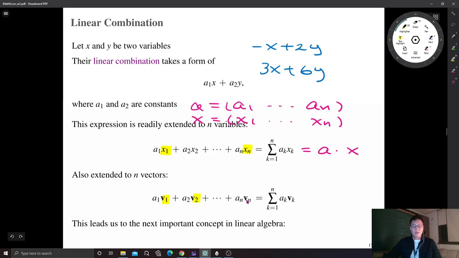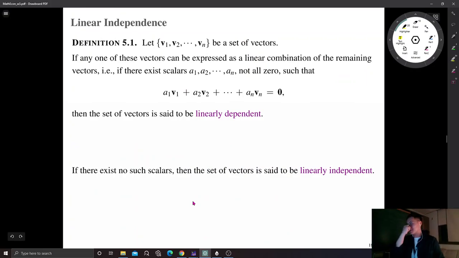So we can think of a linear combination of n vectors. This concept leads us to the next important topic, an important concept in linear algebra: linear independence. This is important.